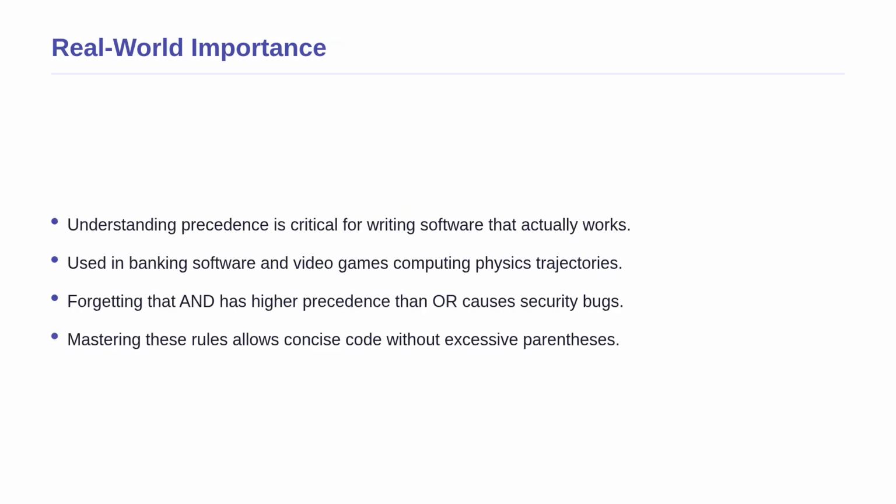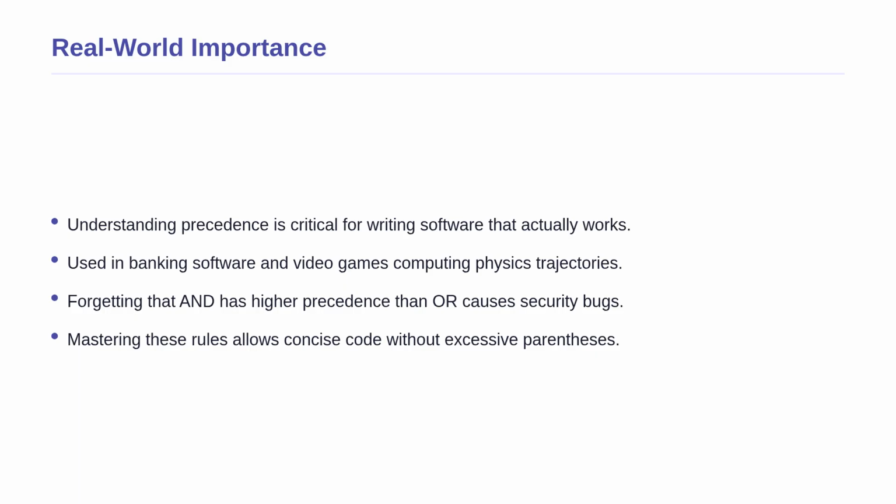Having seen both successful evaluations and undefined behavior, we must ask why mastering this matters. Understanding operator precedence is absolutely critical for writing software that actually works in the real world. From banking software calculating compound interest to video games computing physics trajectories, mathematical formulas are often long and complex.